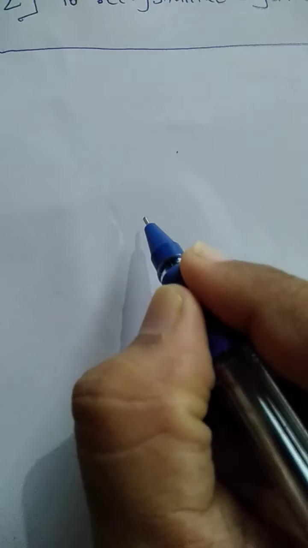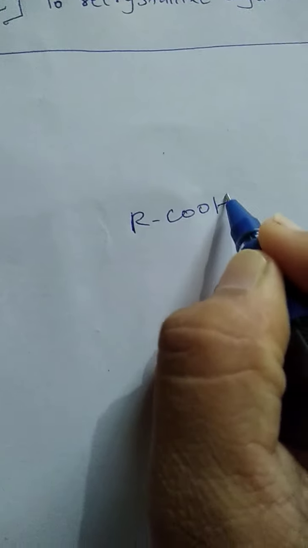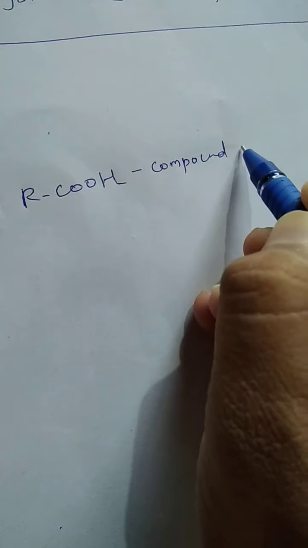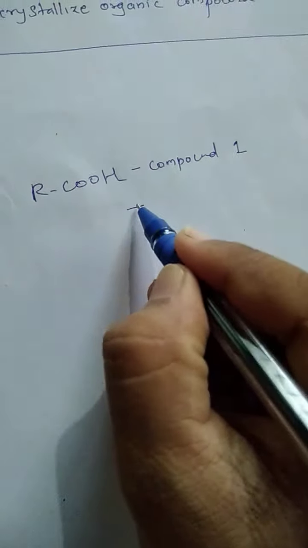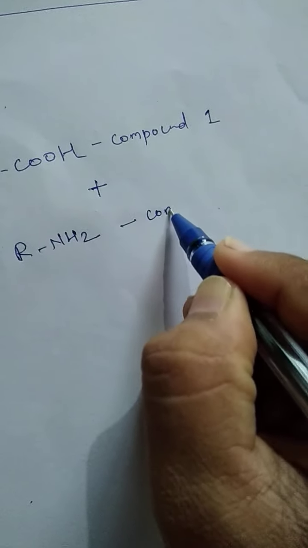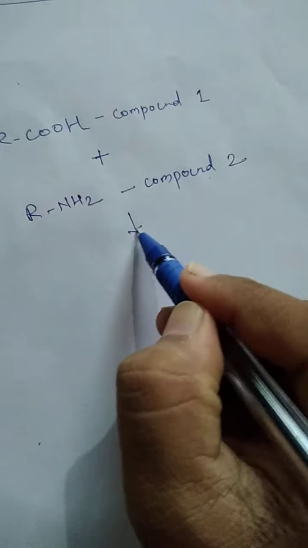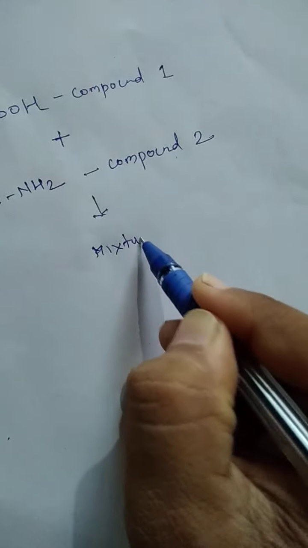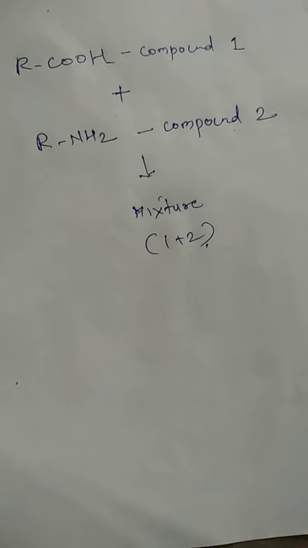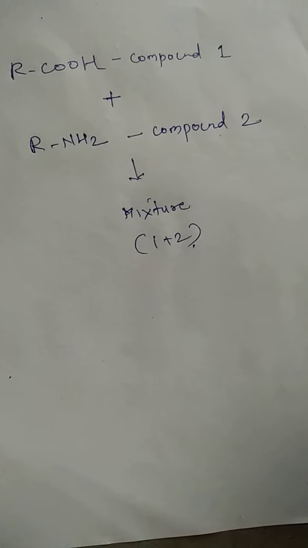One compound has the carboxylic acid group, for example RCH2, that is compound number 1, plus you are given an amine, that is compound 2. Now they are giving the mixture of compound 1 plus 2. So you are unaware of which compounds are present in the given mixture.